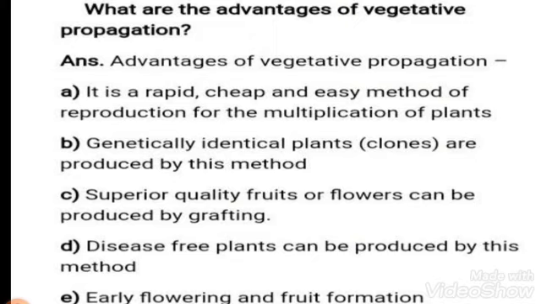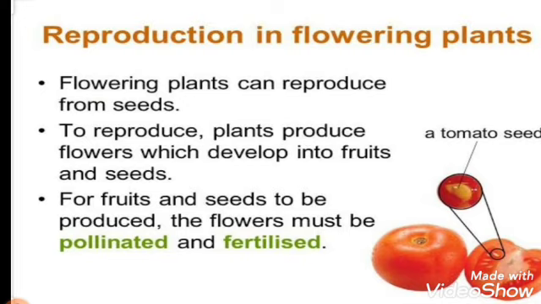Now I'm going to explain sexual reproduction in flowering plants, that is angiosperms. Flowers are the organs of reproduction in seed-bearing plants called angiosperms. So what is a flower, or what is the function of a flower for the plant?